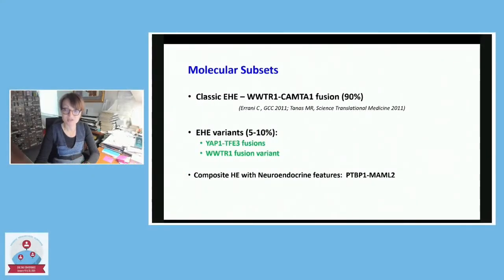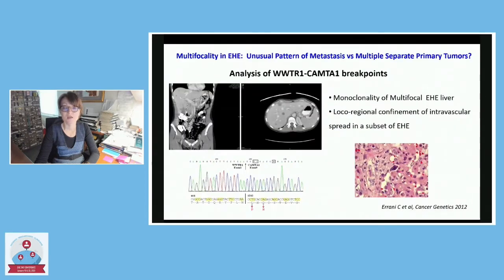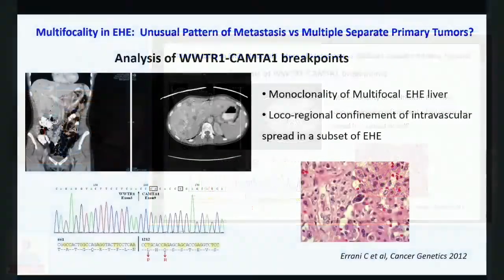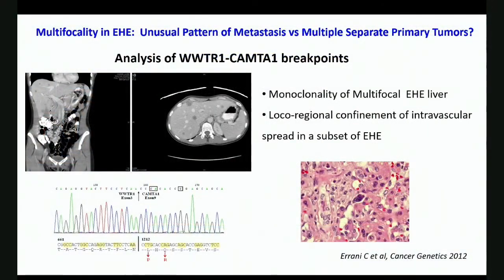As other talks later today will cover the pathogenesis of this fusion, I will not discuss it further, only to mention that the analysis of the WWTR1-CAMTA1 breakpoints in multifocal liver EHE gave us the opportunity to confirm their monoclonal origin and provided evidence that the local regional confinement of intravascular spread is the result of metastatic implants of the same neoplastic clone rather than a field effect.